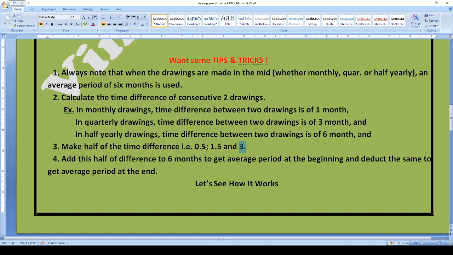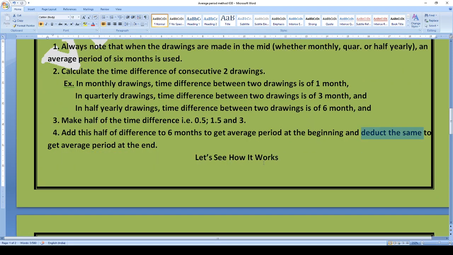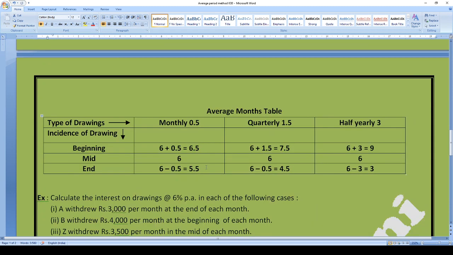Now, if you want to calculate the average period at the beginning, add the half of the difference to 6 months. Just add the half of the difference to 6 months if you want to get an average period at the beginning. And to get the average period at the end, deduct this half of the difference. Let's see how it works.